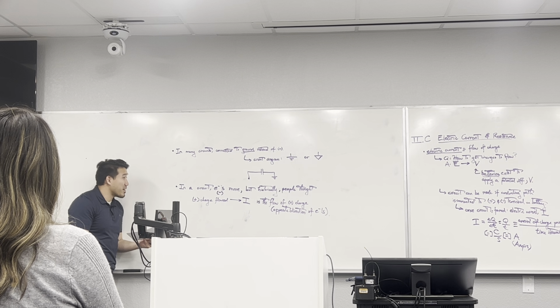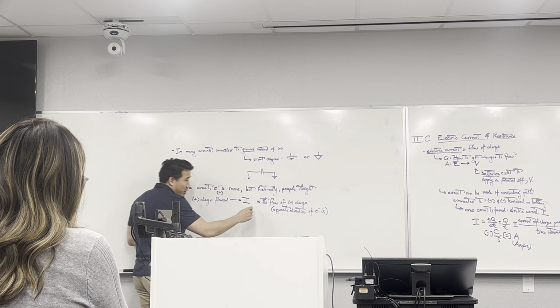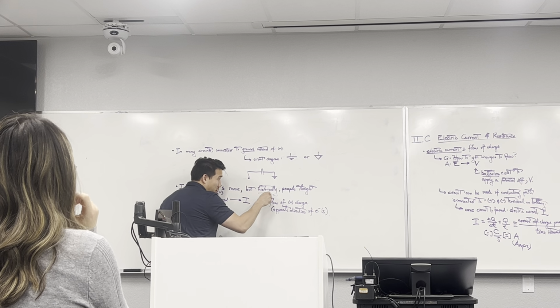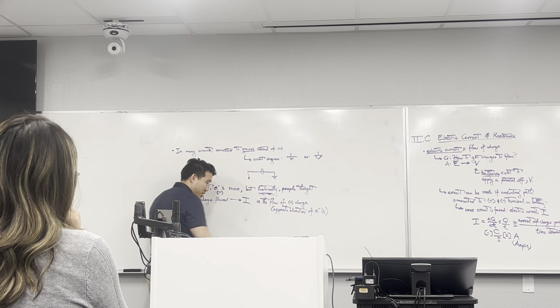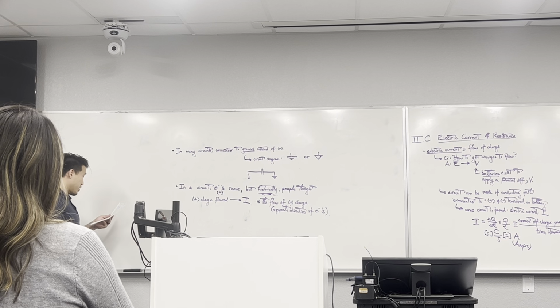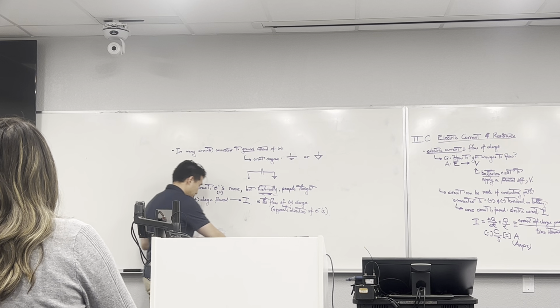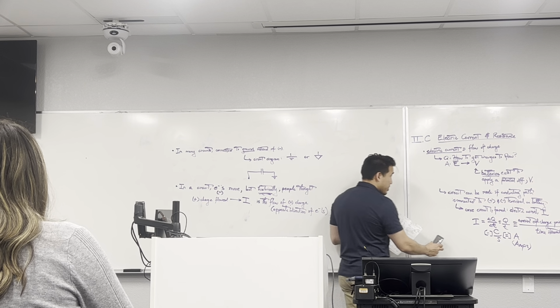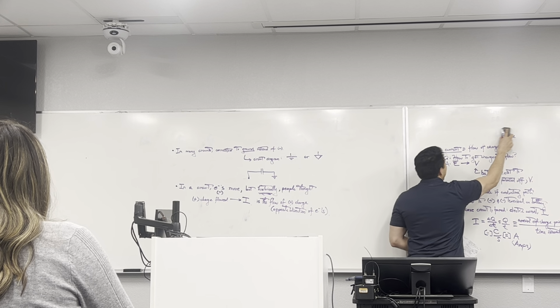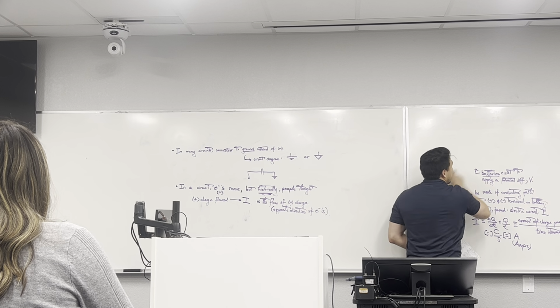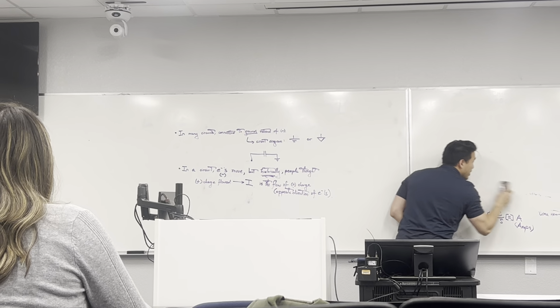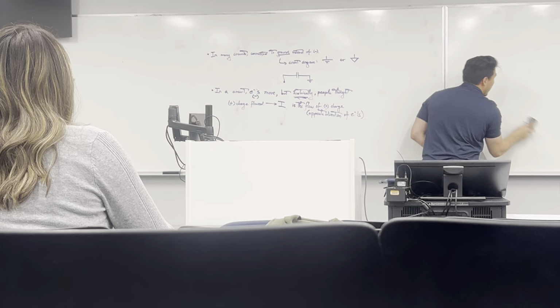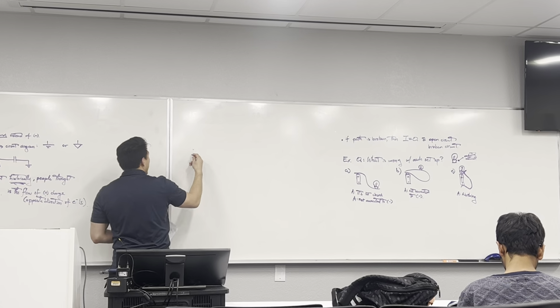But for us, we are going to be using it in the traditional or the historical sense, that it will be the flow of positive charge. So those are some statements about current.